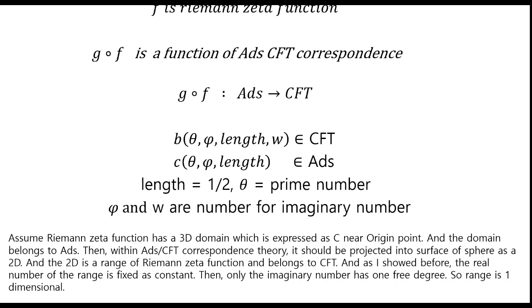Assume the Riemann zeta function has a 3D domain which is expressed as C near the origin point, and the domain belongs to AdS. Then within AdS/CFT correspondence theory, it should be projected onto the surface of a sphere as 2-dimensional, and the 2-dimension is the range of the Riemann zeta function and belongs to CFT. And as I showed before, the real part of the range is fixed as a constant, so only the imaginary part has one degree of freedom, so the range is 1-dimensional.